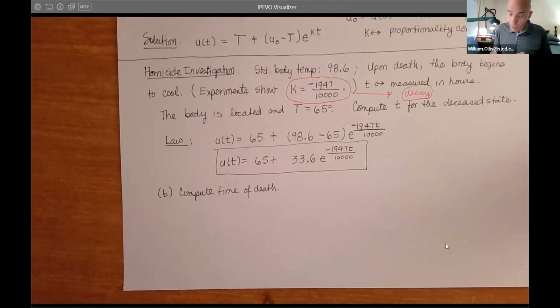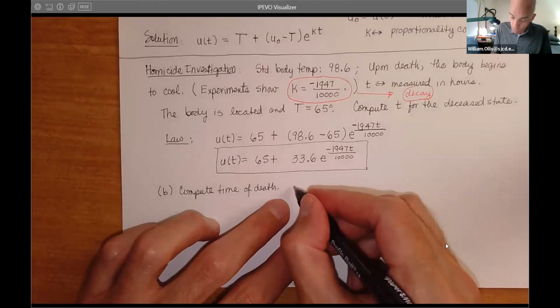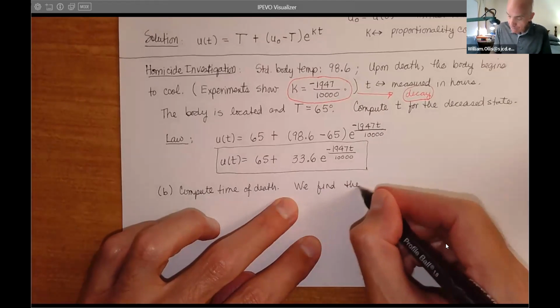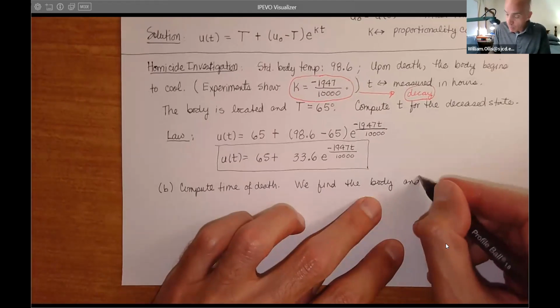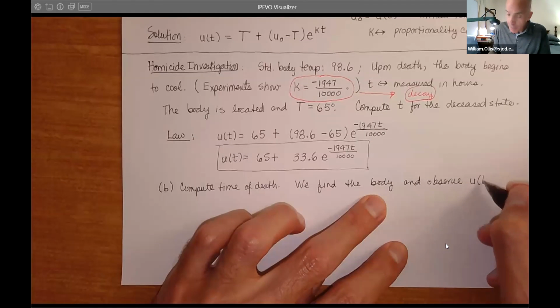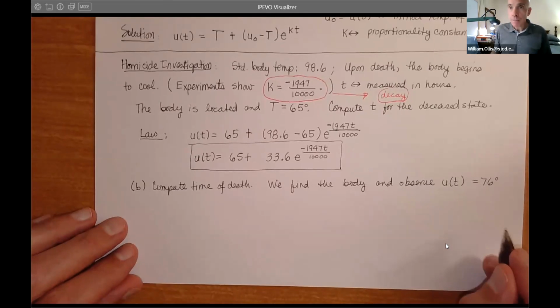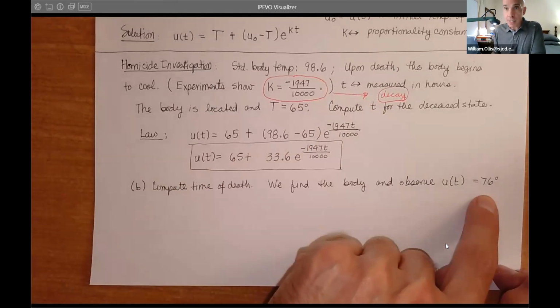So now in this particular case, we find the body, and observe U of t equals, this is what WebAssign gives us, 76 degrees. Okay, so obviously it has cooled from 98.6 to 76.